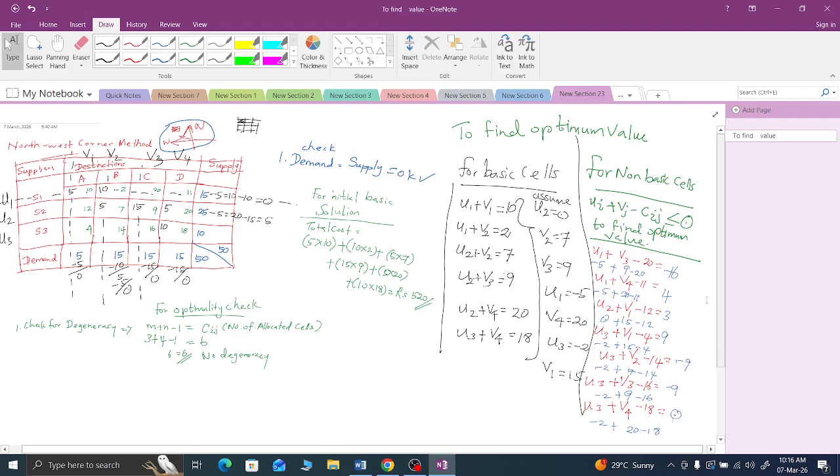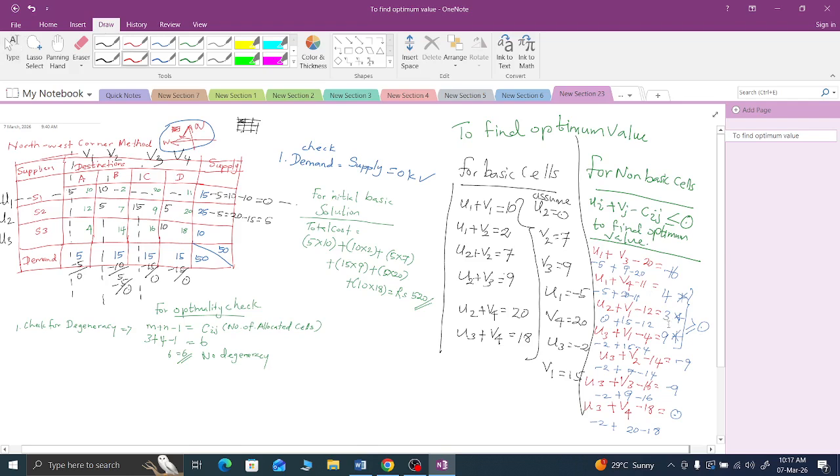So when we think about this, there are 3 places with an issue. These are not less than or equal to 0; these are greater than 0. So this is a problem. Here we have to select the maximum one.